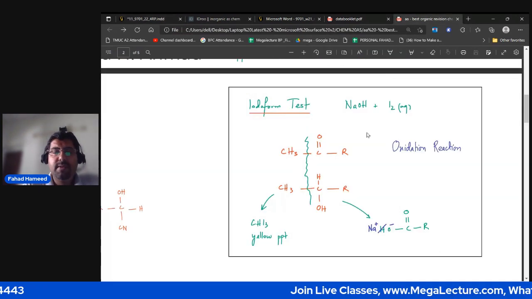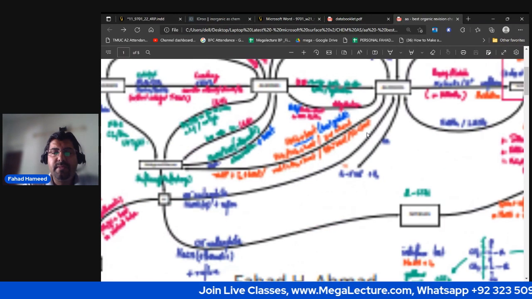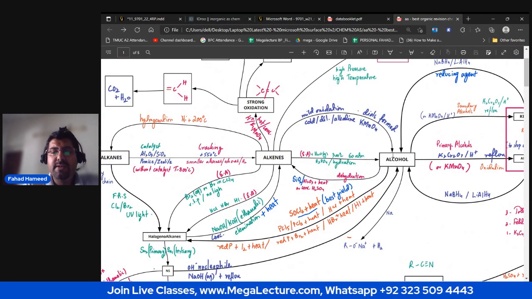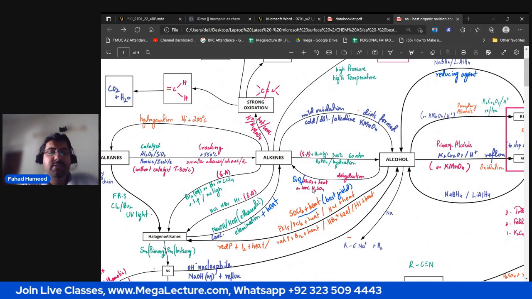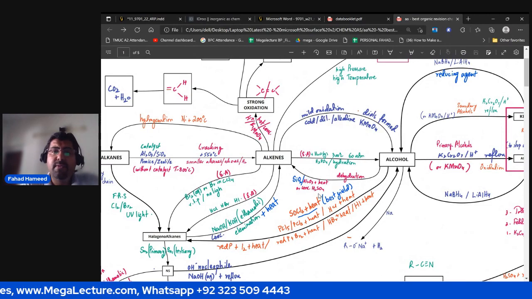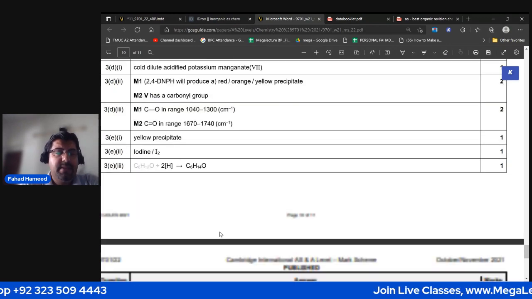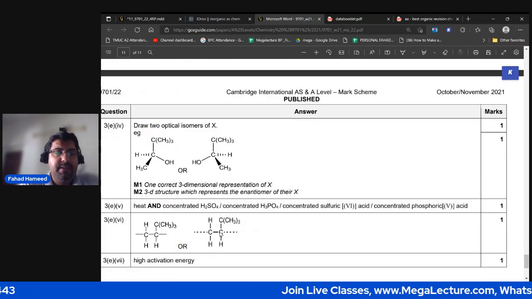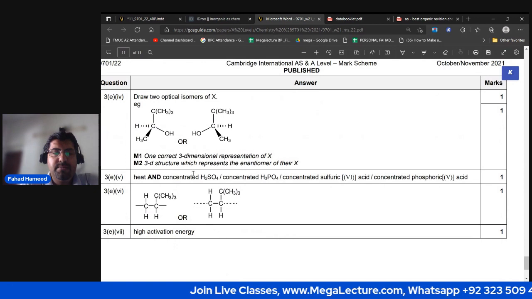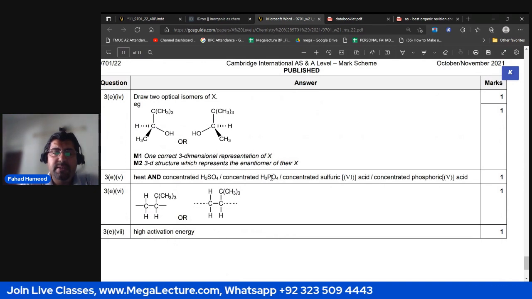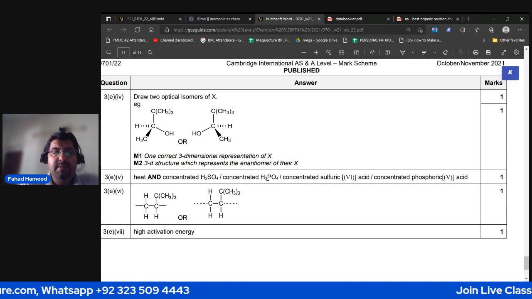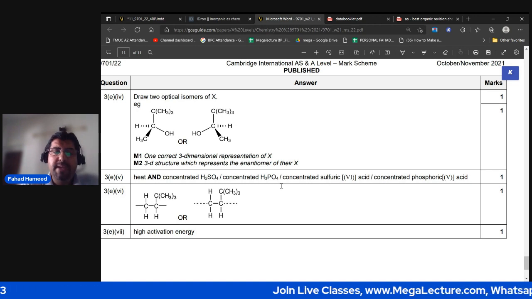Like if you have a look at your chart, dehydration is an alcohol turning back into an alkene. So it's Al2O3 plus heat or concentrated H2SO4. So that is what is required for dehydration. In this one they're not using Al2O3, but they're definitely using concentrated sulfuric acid, phosphoric acid, and heat.